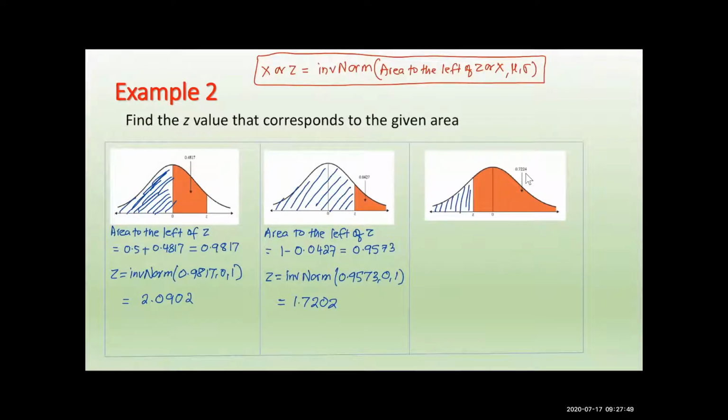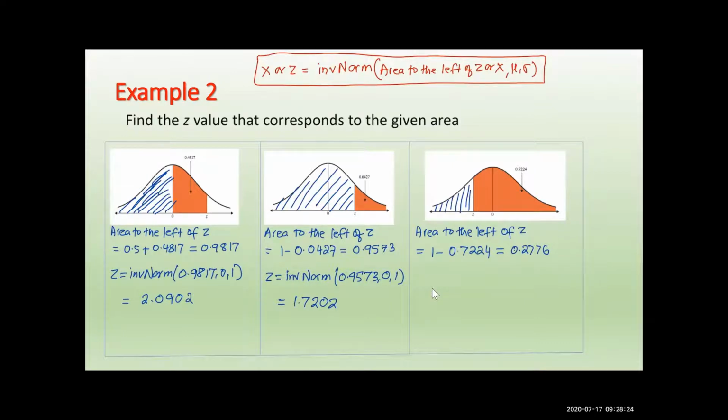Area to the left of z is equal to 1 minus 0.7224. If we subtract this using our calculator, you should get 0.2776. That is the area we need because we need the area to the left of the z-score.